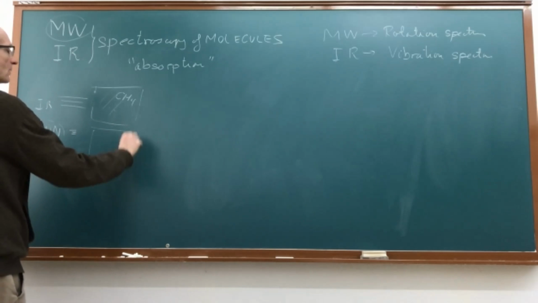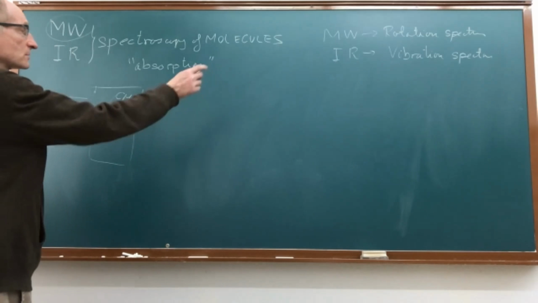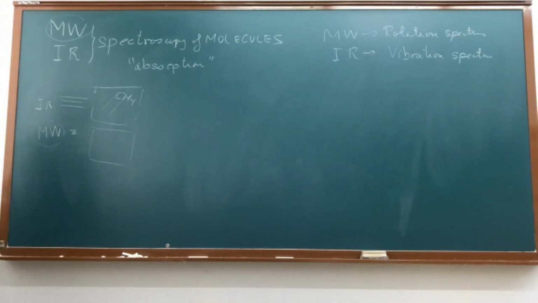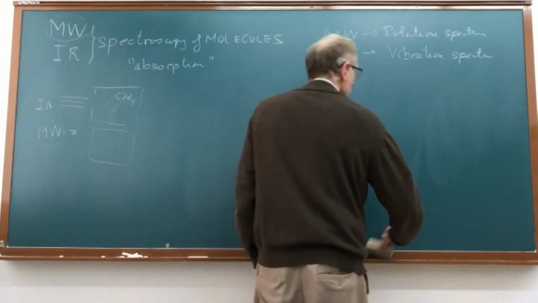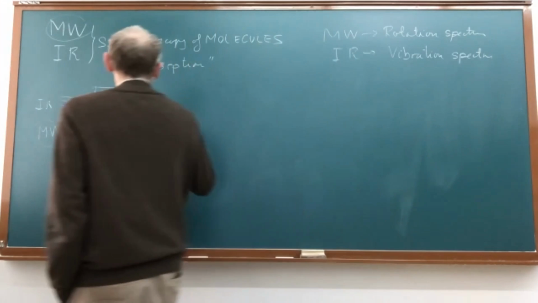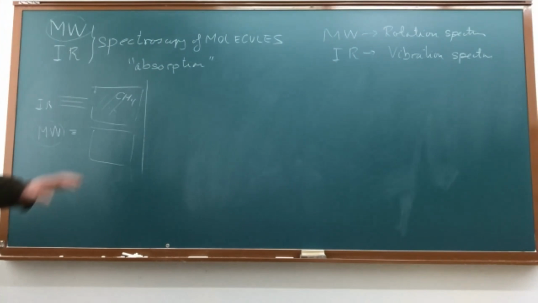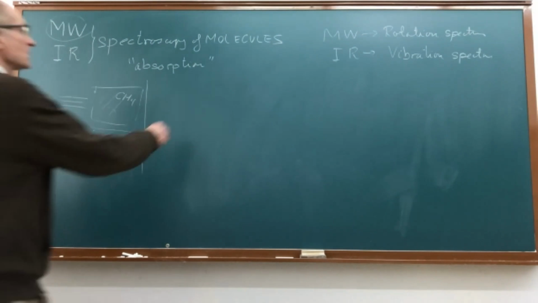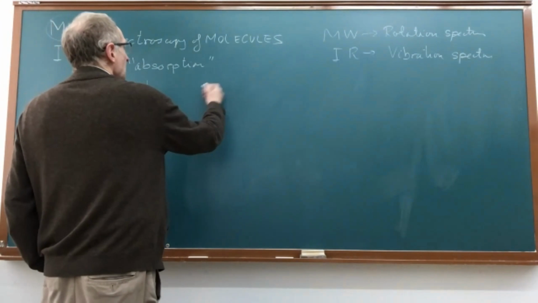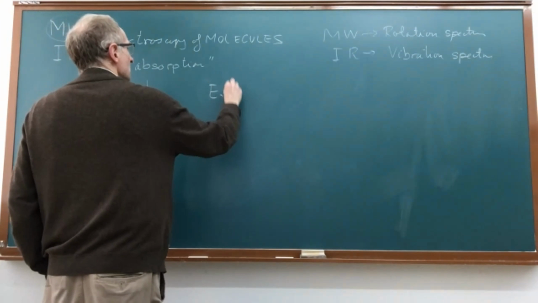And this gives me information about the rotation spectrum of the molecules. Okay, so how does it happen? Well, probably all of you have studied the interaction between atoms and electromagnetic radiation, and you know that the lowest order approximation is the so-called electric dipole approximation.